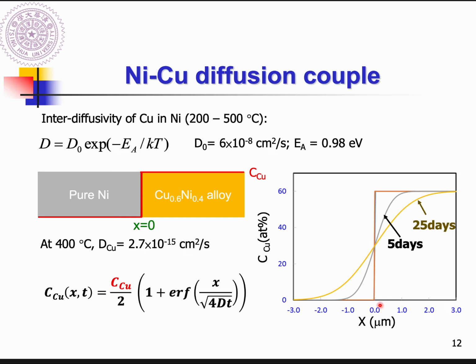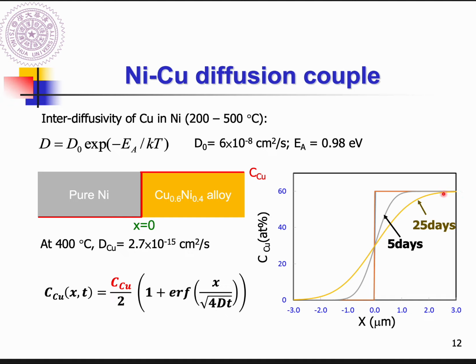Based on this, if t equals 0, before diffusion, the concentration profile is this orange line, the original curve. After 5 days, inputting the diffusivity shown here, we will get this black curve.